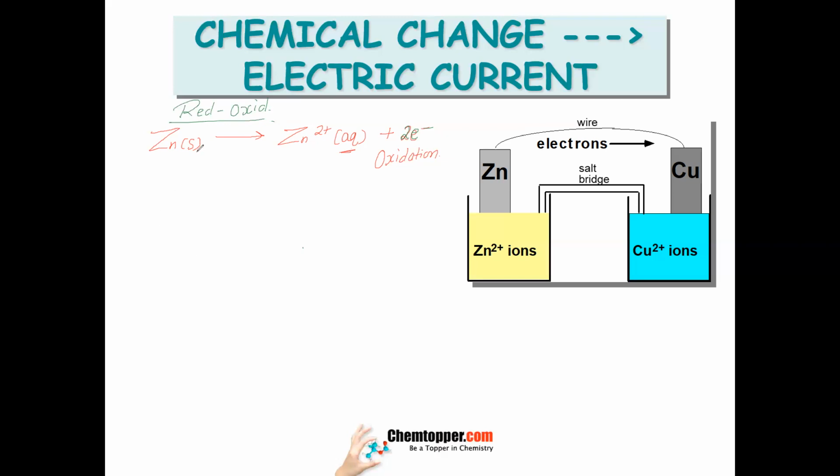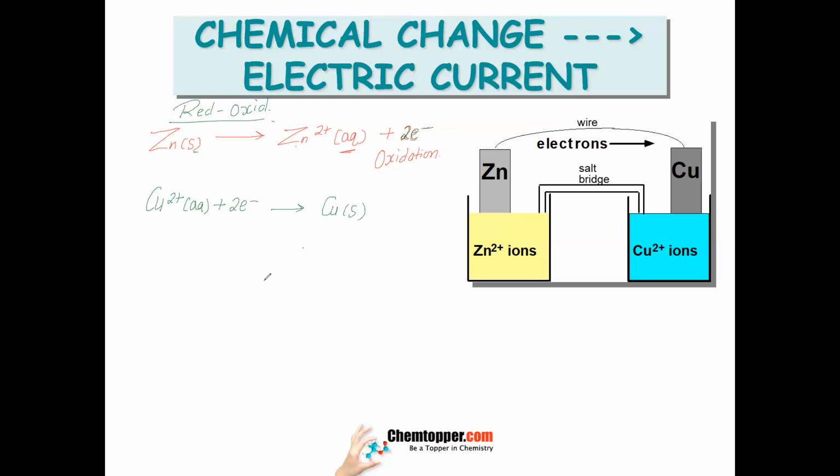This is undergoing oxidation. These electrons should be gained by somebody. And who is the somebody here? Copper 2 plus, aqueous, is going to gain 2 electrons and is going to give you copper solid.